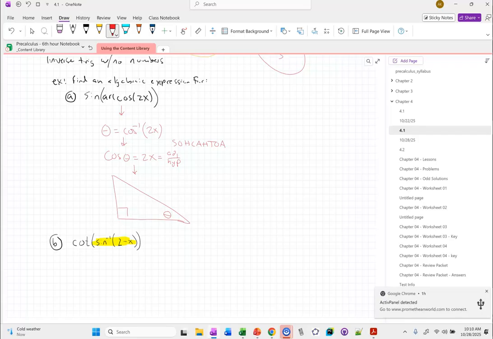So here's my right triangle with angle theta. The adjacent side should be 2x, and the hypotenuse should be 1, because cosine is adjacent over hypotenuse.